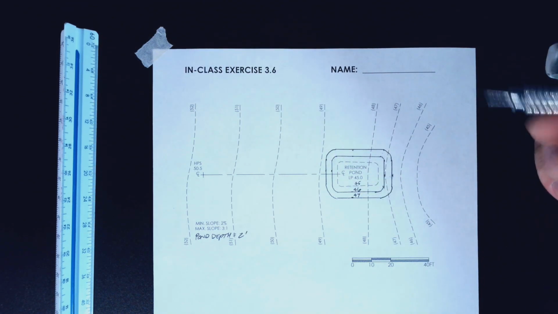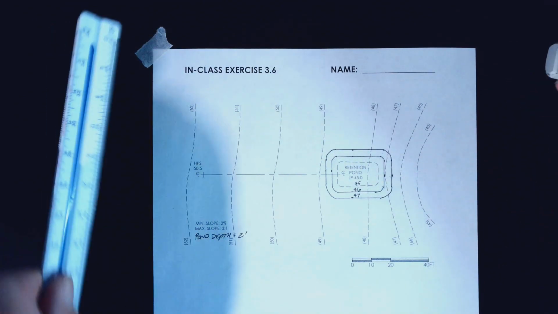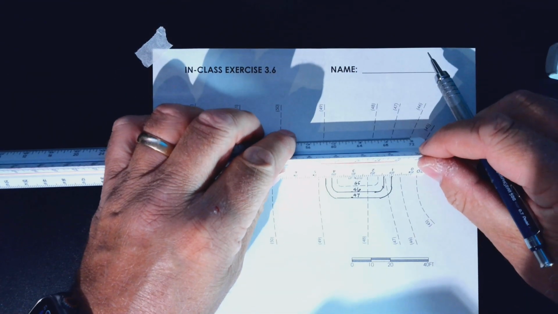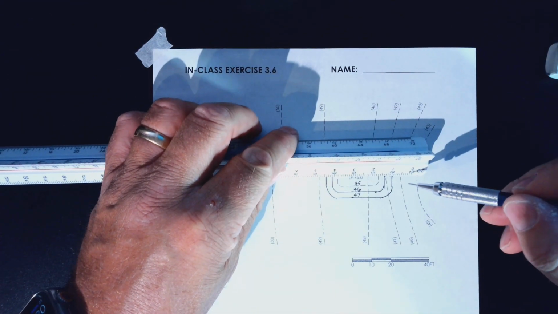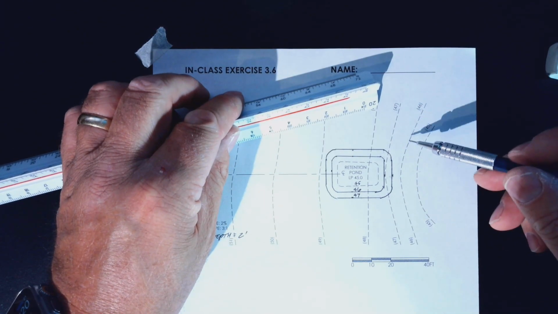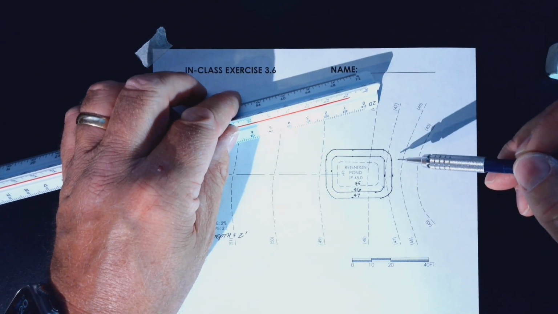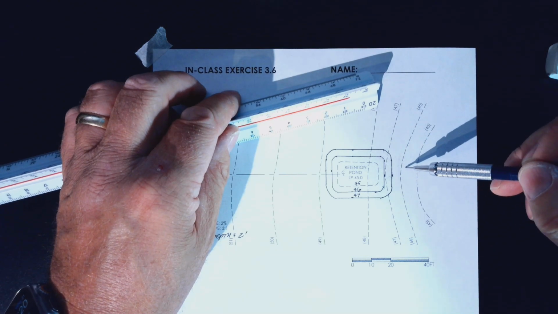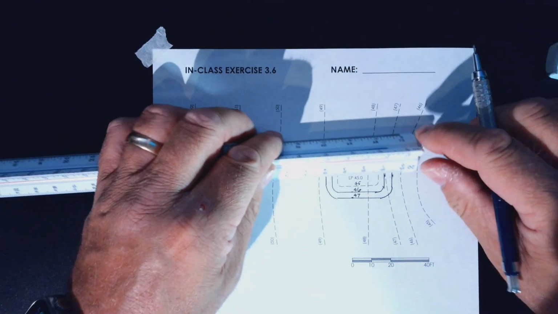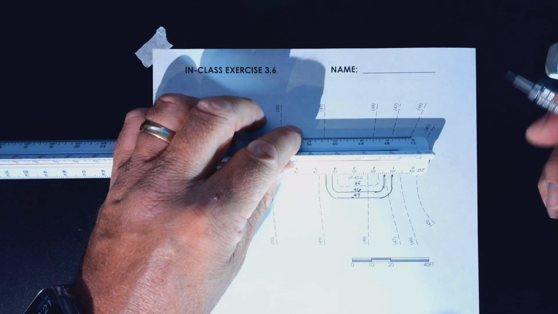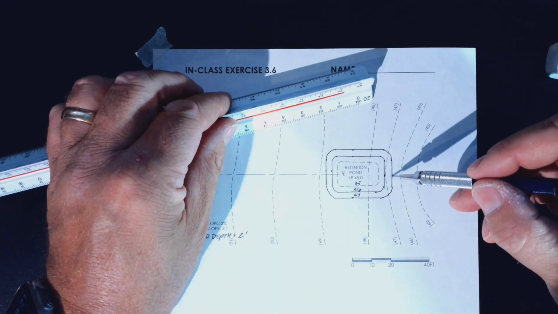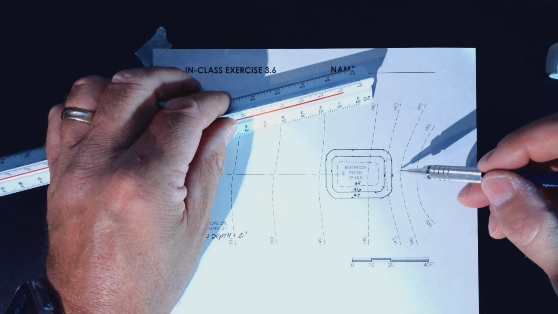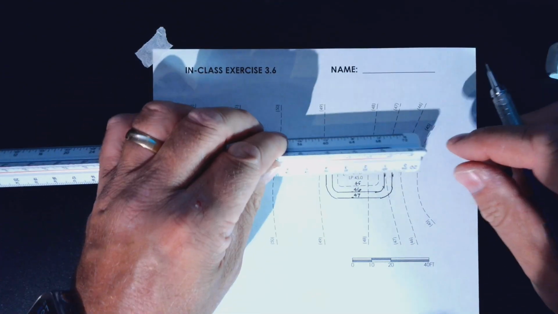This is 47. I like to use 47.5 because half a foot is easy. So we can have the 47-foot contour on the uphill side, and then it'll go to 47.5. Then we'll have 47 again on the low side. Let me draw that, and hopefully that'll make sense. If it's 3 to 1, and we're going half a foot higher, we only have to have these 1.5 feet apart, right?